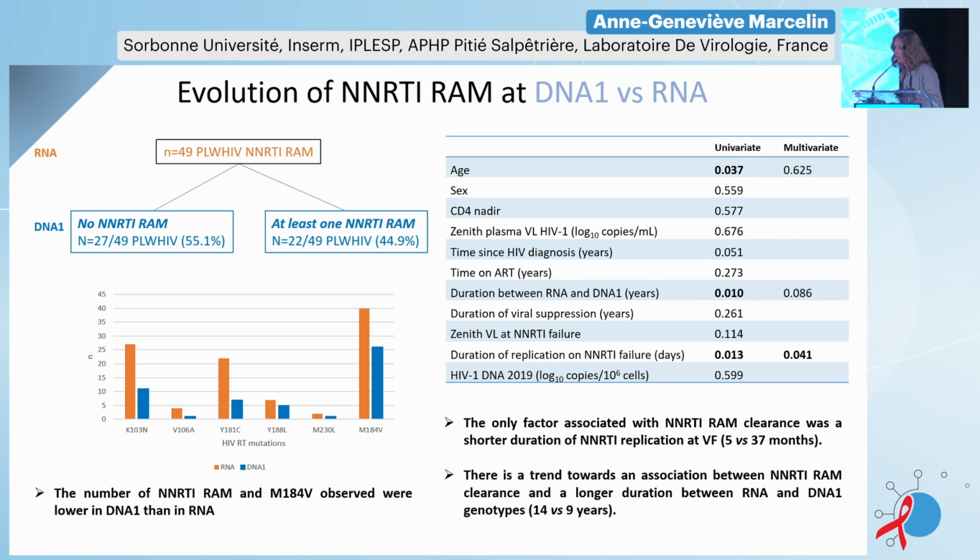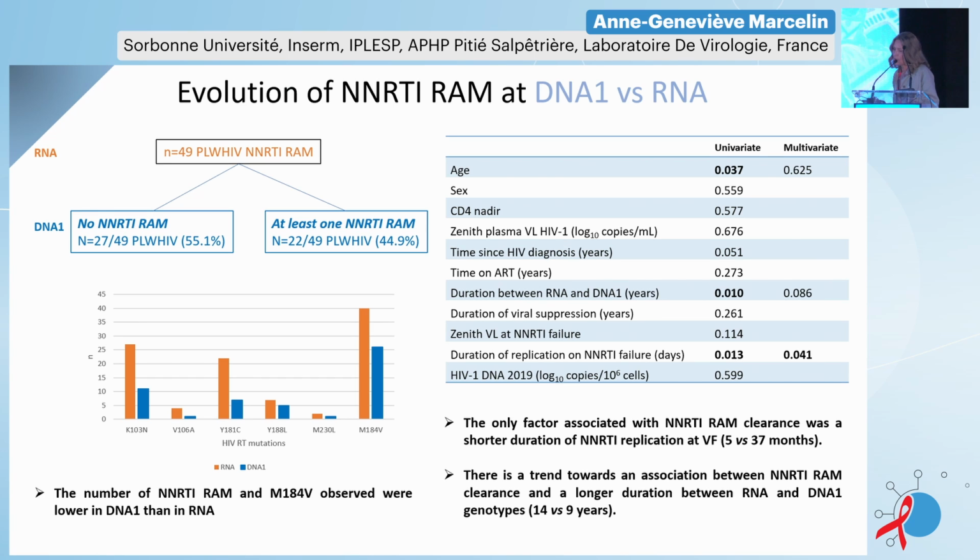So we looked at the factors that were associated with the disappearance of the mutations in DNA1, and among the factors we studied, the only factor that was associated with NNRTI resistance clearance was a shorter duration of NNRTI replication at virological failure.